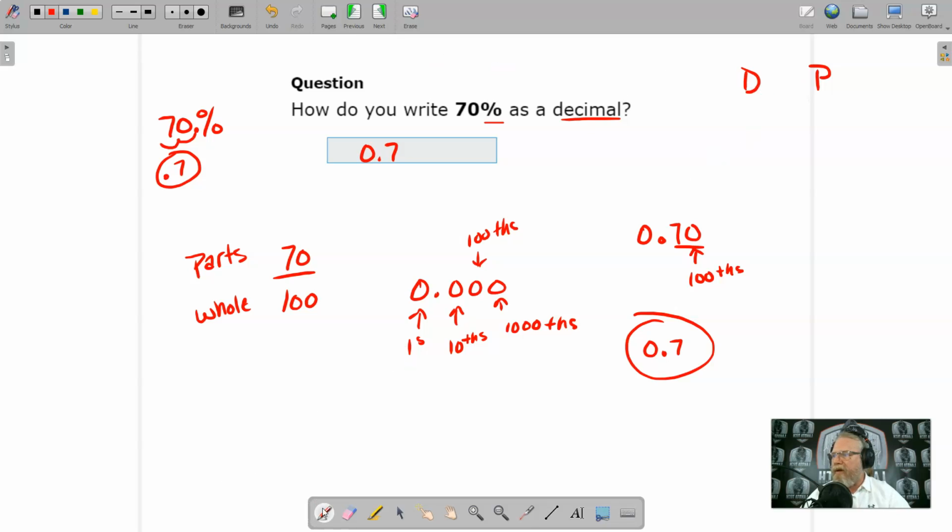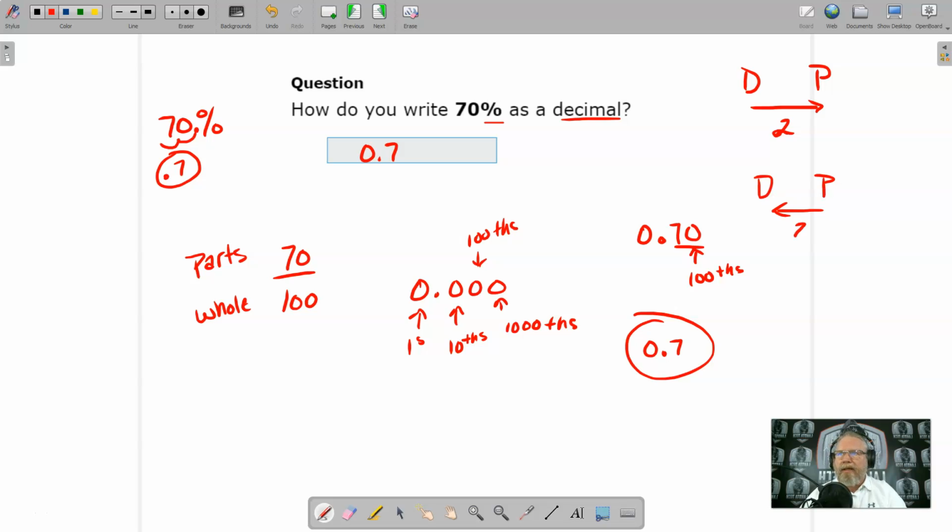So we would have to go from left to right to go from D to P. And whenever you move the decimal those 2 places to change a decimal to a percentage, the decimal moves 2 places to the right. Now, if we were going from a percentage to a decimal, you could think of it as an alphabetical number line: I'm at P, I have to go back to D.